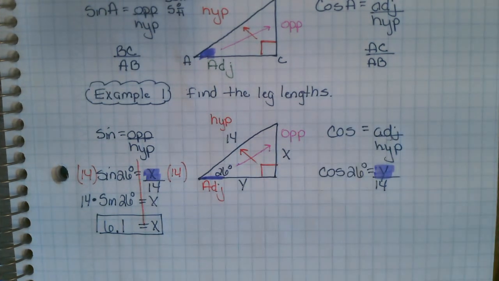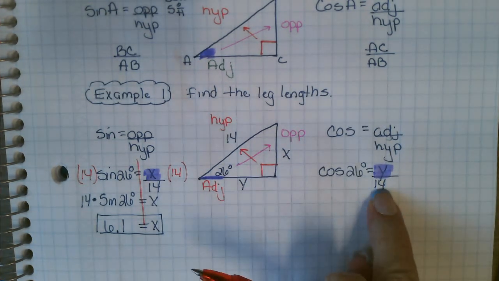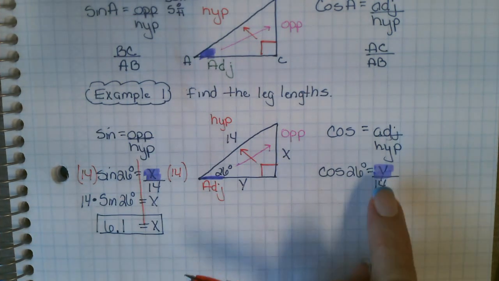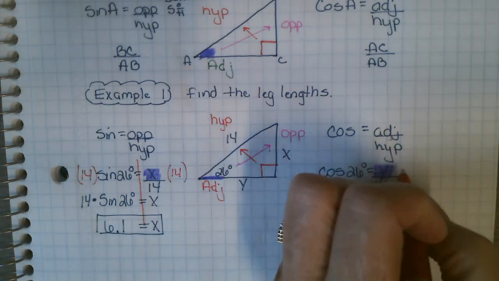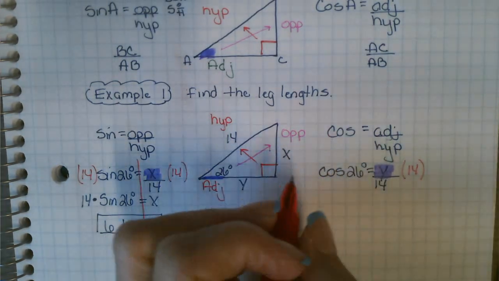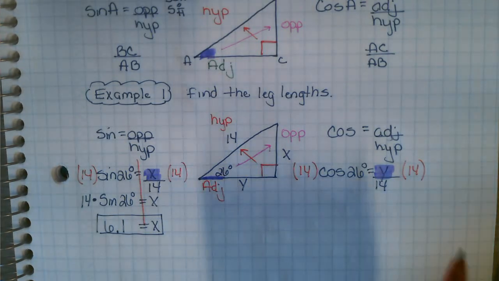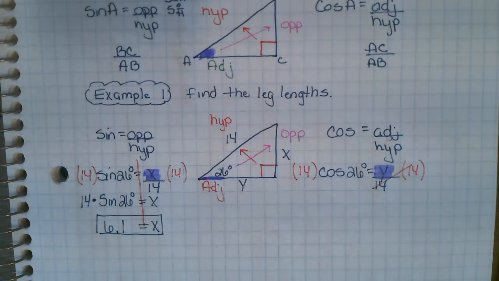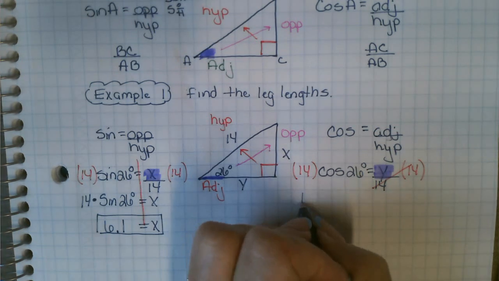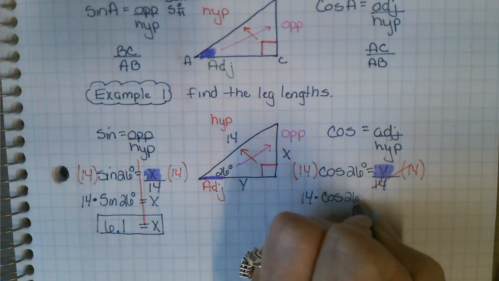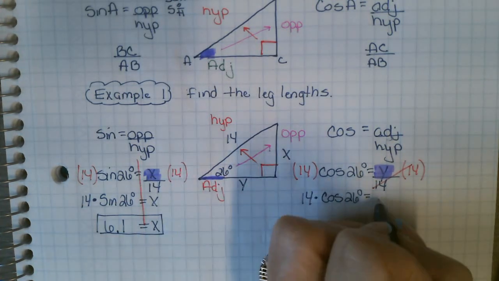So all I have to do is take this 14 and move it. And we know that this line right here means divide, so the opposite of divide is multiply. So I'm going to multiply both sides by 14, which cancels out here and leaves me with 14 times cosine 26 degrees equals y.